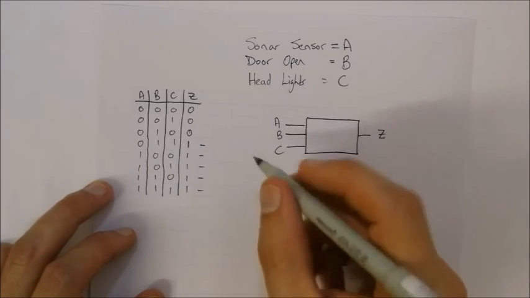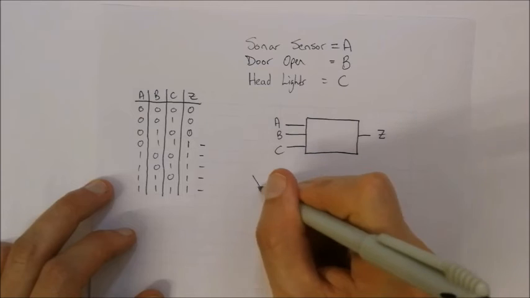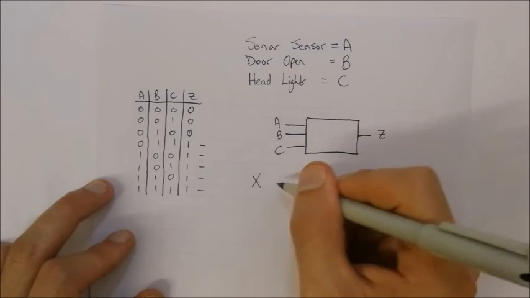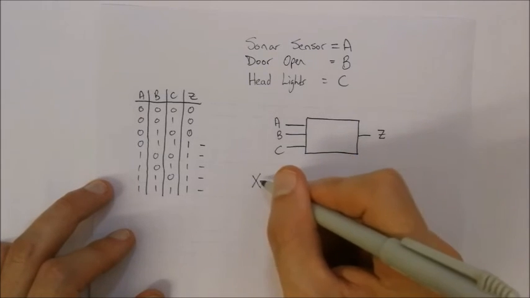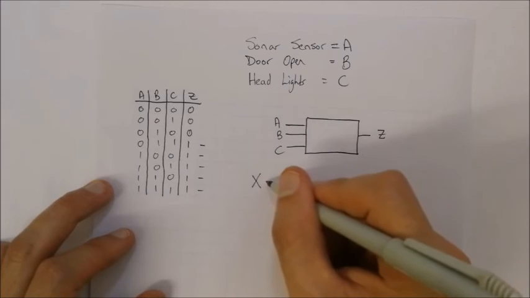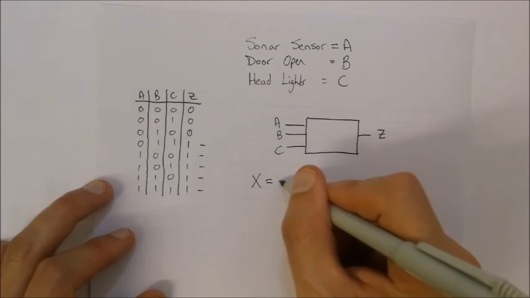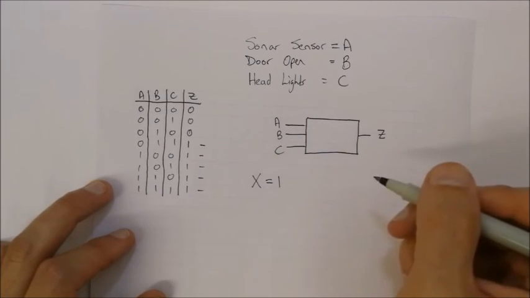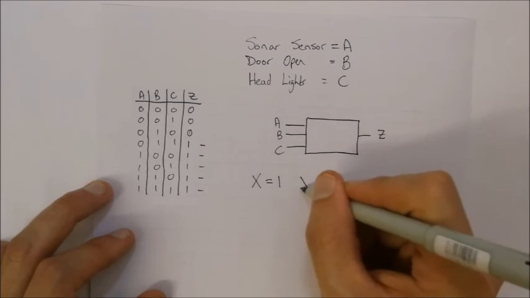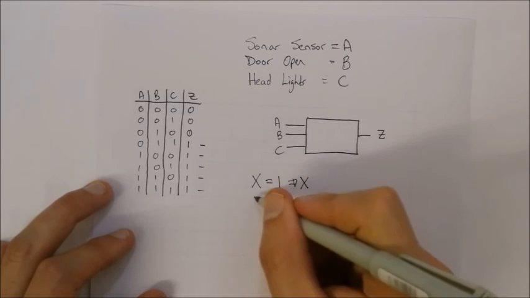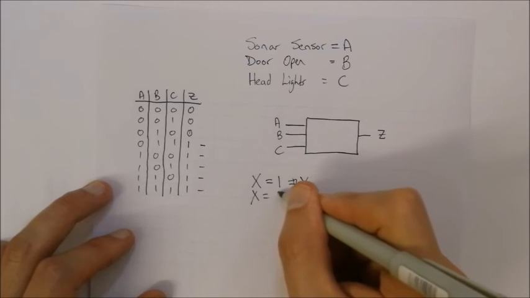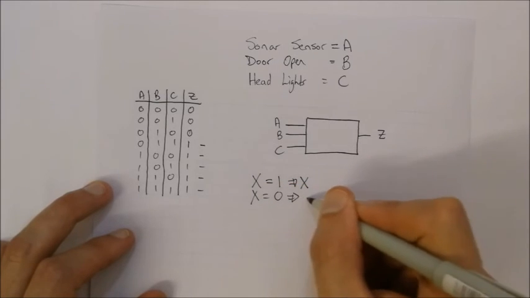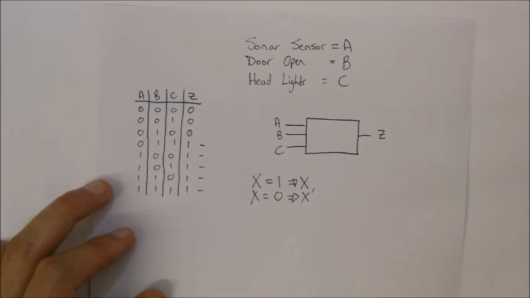Now, let's say X, this X could represent A, B, or C. If you find that X is equal to 1, we're going to represent it just as X. But if X is equal to 0, we're going to represent it as X naught.